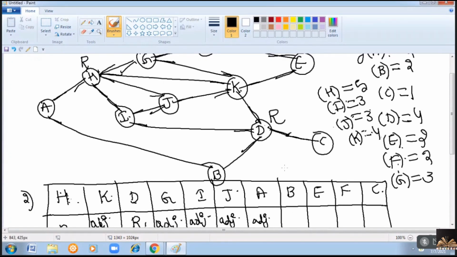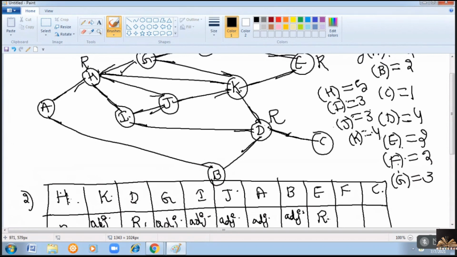B is not adjacent to H but is adjacent to D, so it cannot be colored in the first step itself. Next comes E. E is not adjacent to H and not adjacent to D also. So E can be colored with the same color, red.